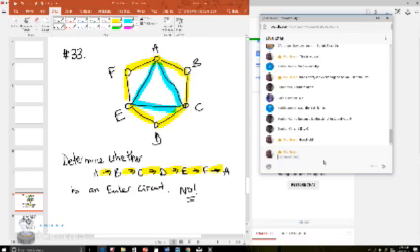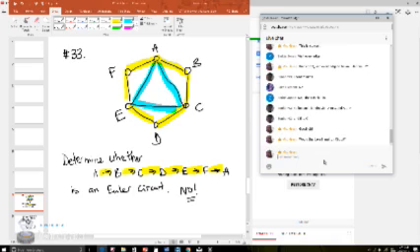Okay, now, on the other hand, would that be an example of a Hamilton circuit? That's not what the question asked, but if they did, would that be an example of a Hamilton circuit?